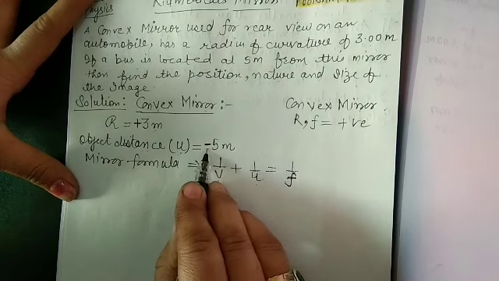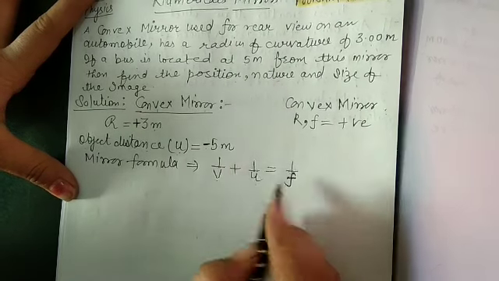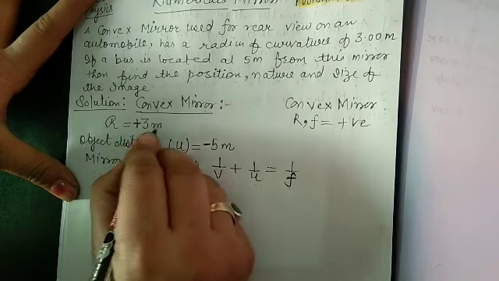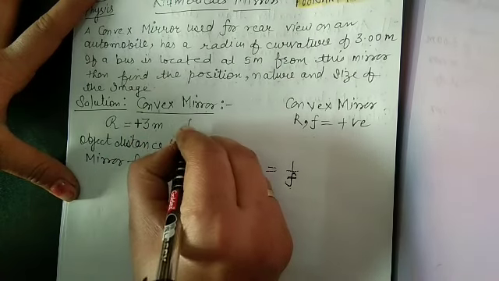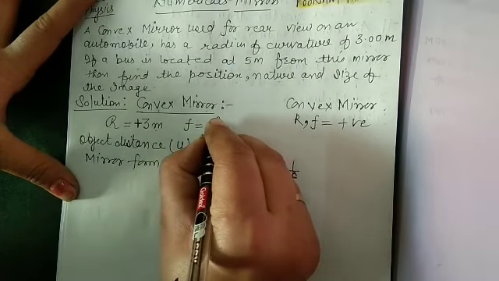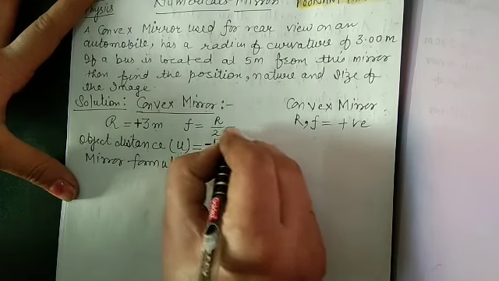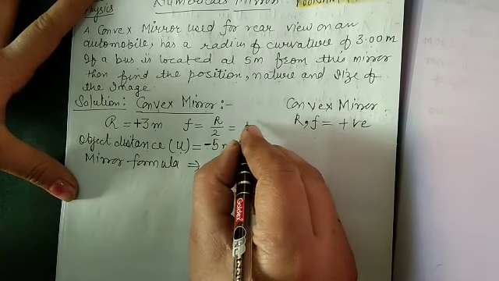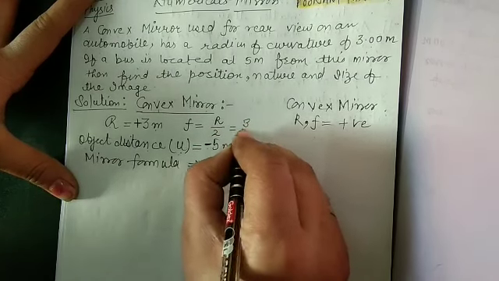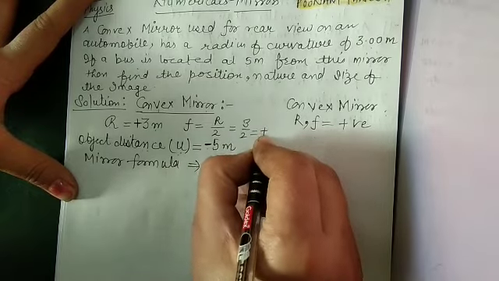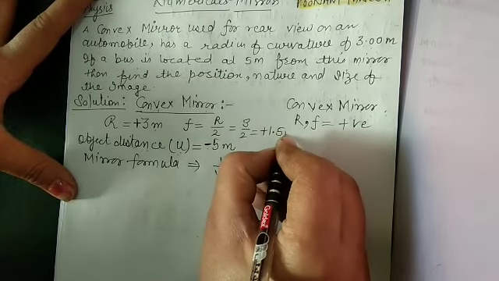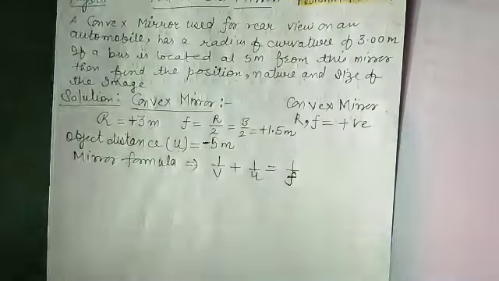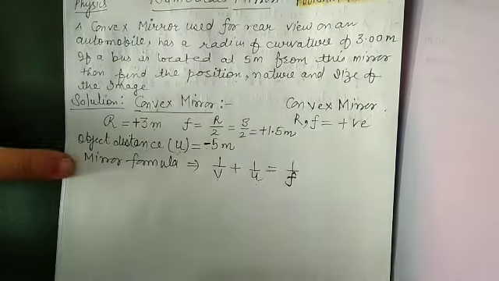What is f? f has to be found out first. f is equal to half of the radius. Radius is 3 meter, half of 3 is 1.5, but with the proper sign, so it will be 1.5 meter with plus sign.